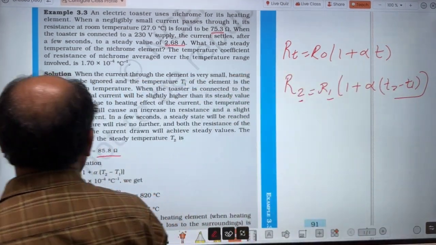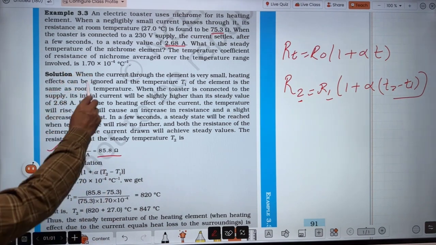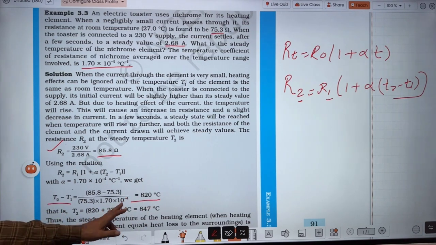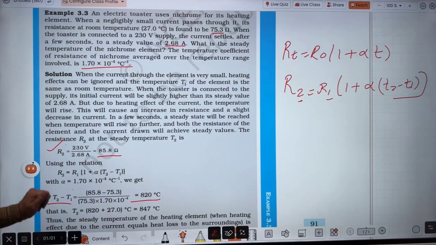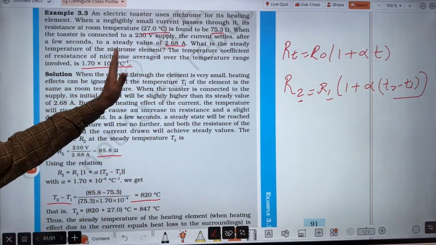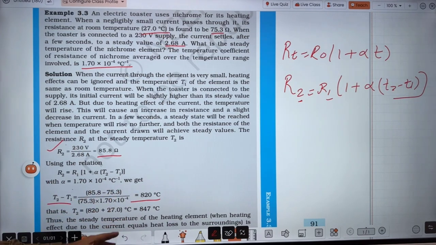The same relation they have used here, R_2 equals R_1 (1 plus alpha (T_2 minus T_1)), where alpha is given in our question as this much. So we can put this value. After putting the values, T_2 minus T_1 will be 820, and we have to get T_2. T_1 is given in our question as 27 degrees centigrade. So write 27 degrees on the RHS and evaluate. So you will get 847 degrees centigrade.